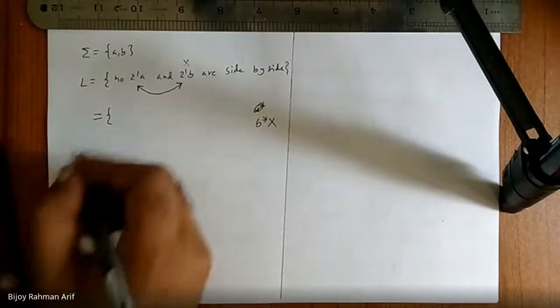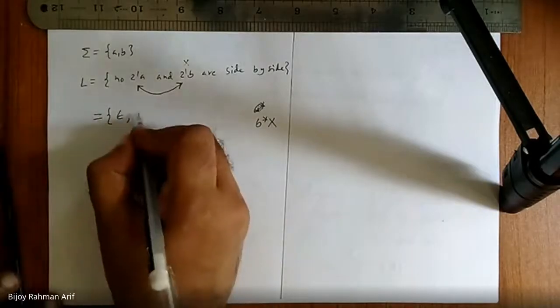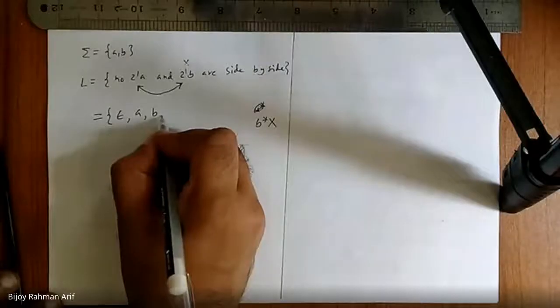Epsilon, then A, AB, B, then A, B, A, AB, A, good.